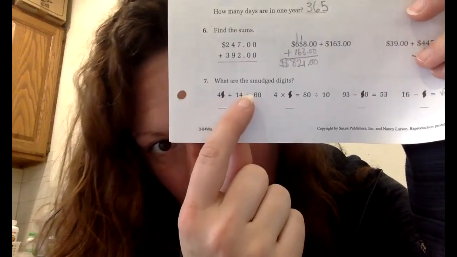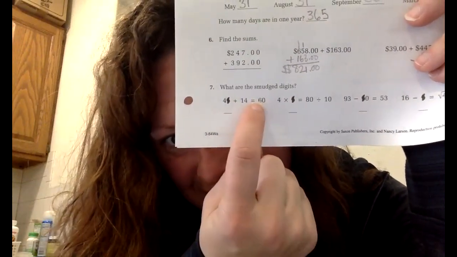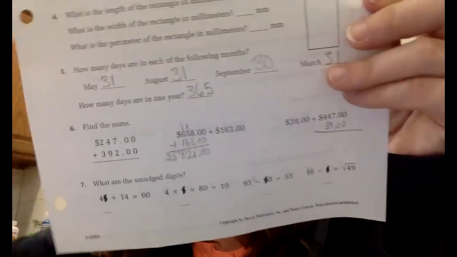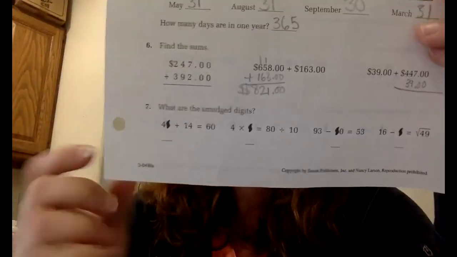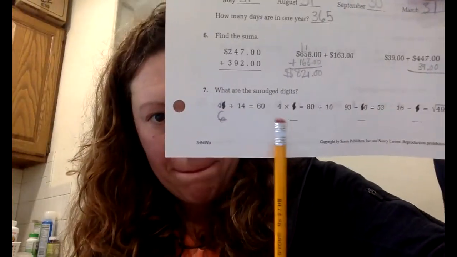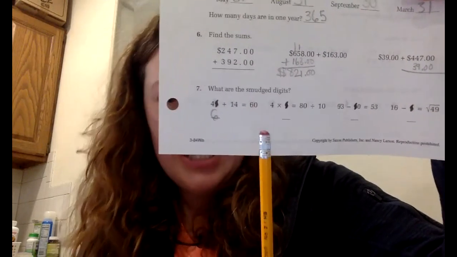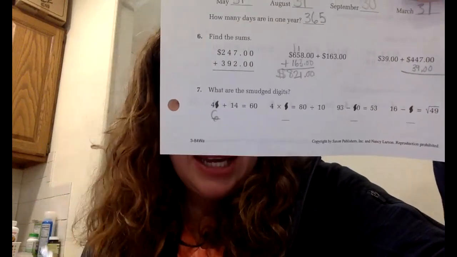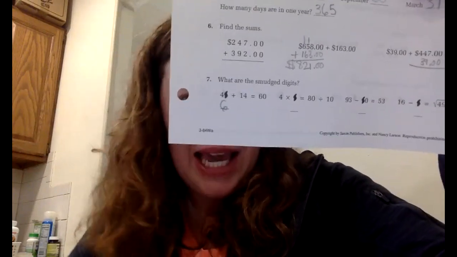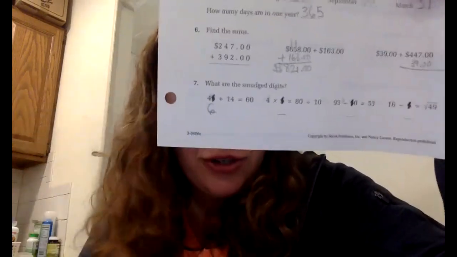Because it's 60, so it's going to be a 10. Yes, 6 plus 4 equals 10. See? Because that is a 0, it is a 10, 10, 20, 30, 40, 50, 60, 70, 80, 90, 100.